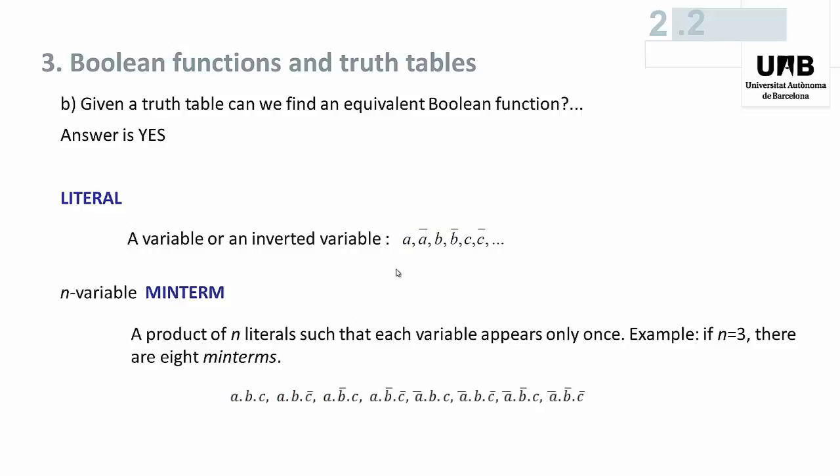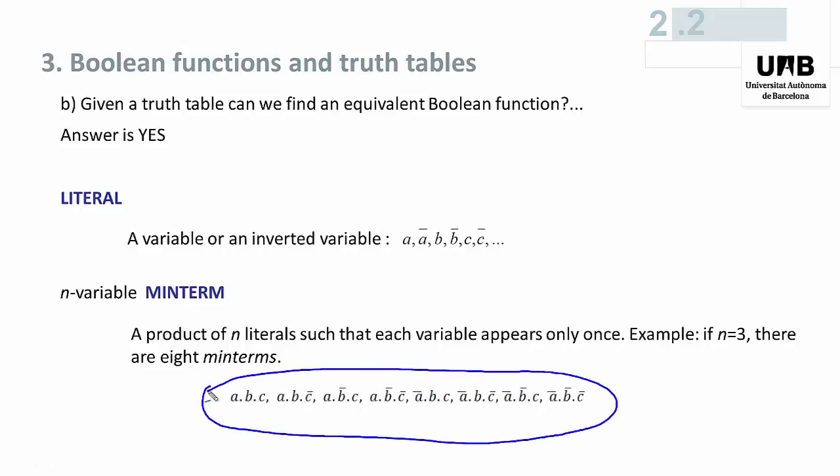Another concept is that of n-variable minterm, a product of n literals such that each variable appears only once is a minterm. Here is an example. If n is equal to 3, there are 8 minterms, those ones. You can see that in every expression there are 3 literals and they are all different.